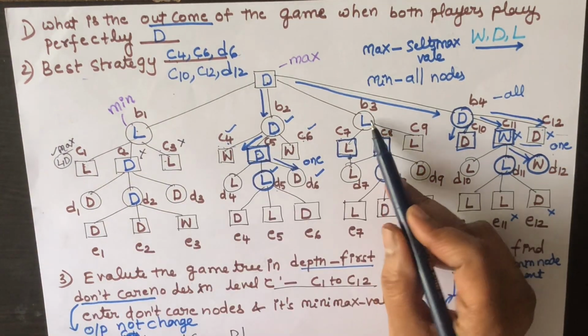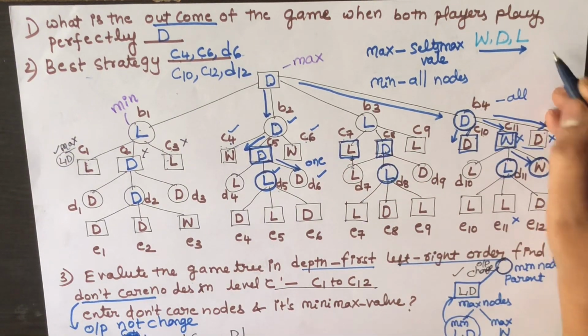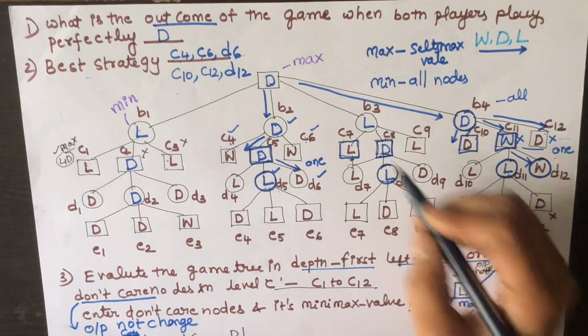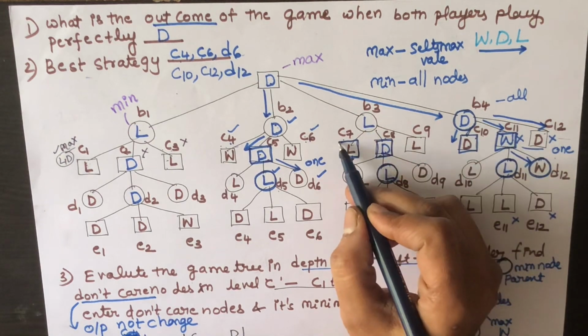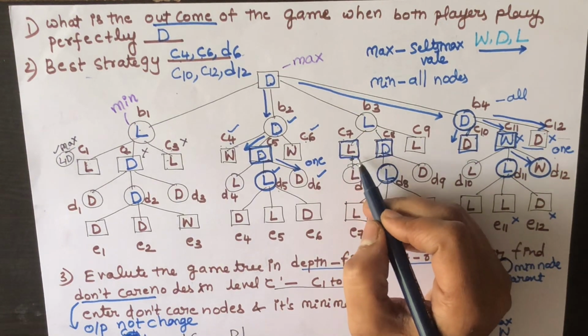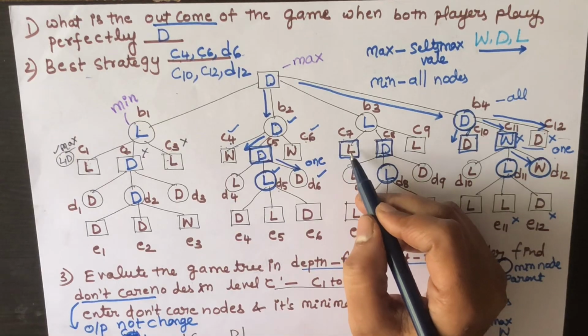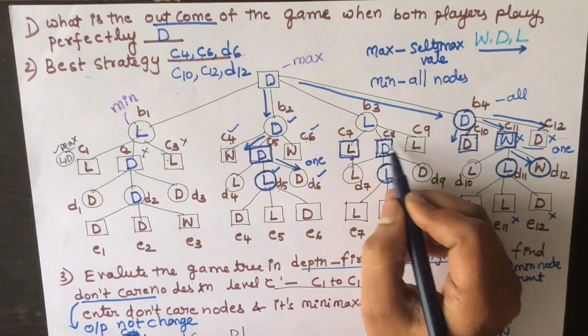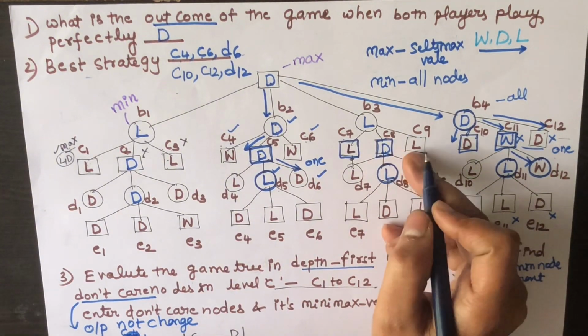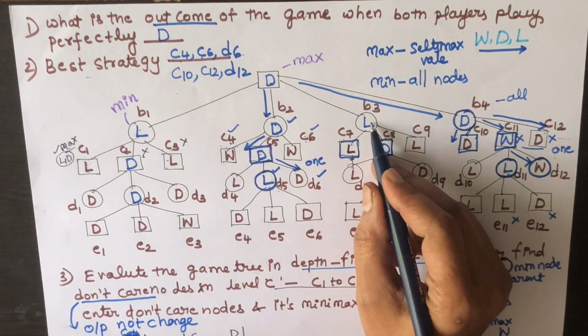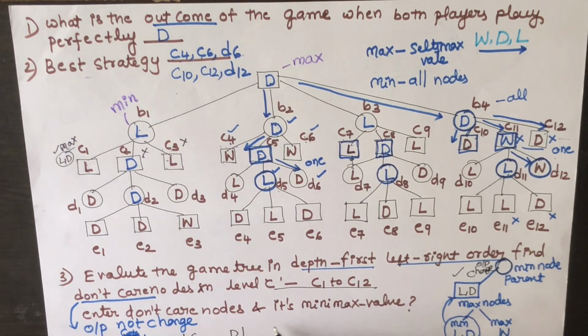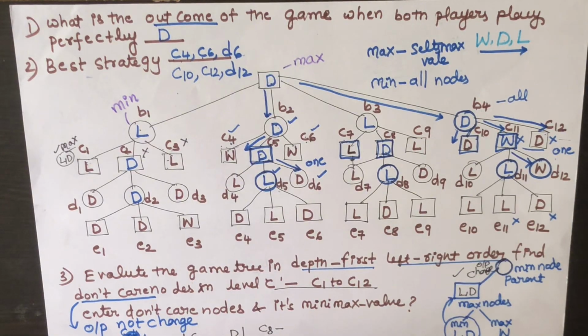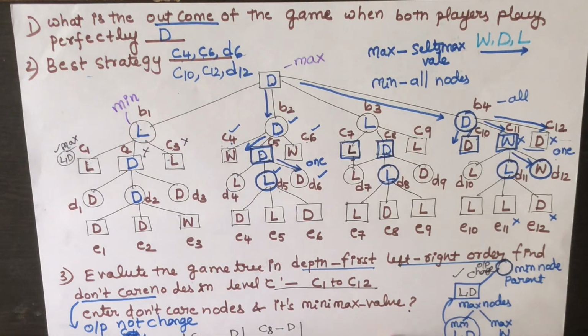Please remember, the parent is a min node and the child is a max node, and max nodes containing the least value, minimum value, loss, can affect the output, and the rest of the children do not affect the output node. That is, C8 and C9 are don't care nodes, with values loss and draw. These are don't care nodes.